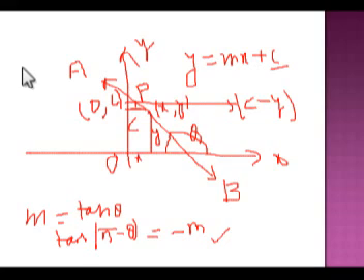So here we are getting that c minus y by x is equal to minus m.